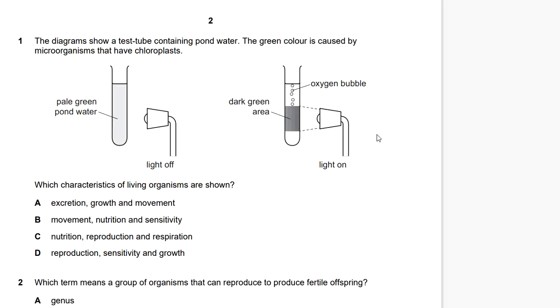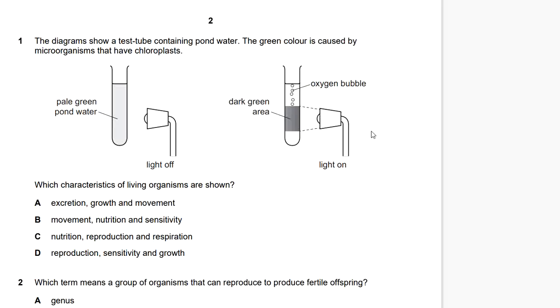The diagram shows a test tube containing pond water. The green color is caused by microorganisms that have chloroplasts. In the diagram, this is just pale green pond water and the light is off.